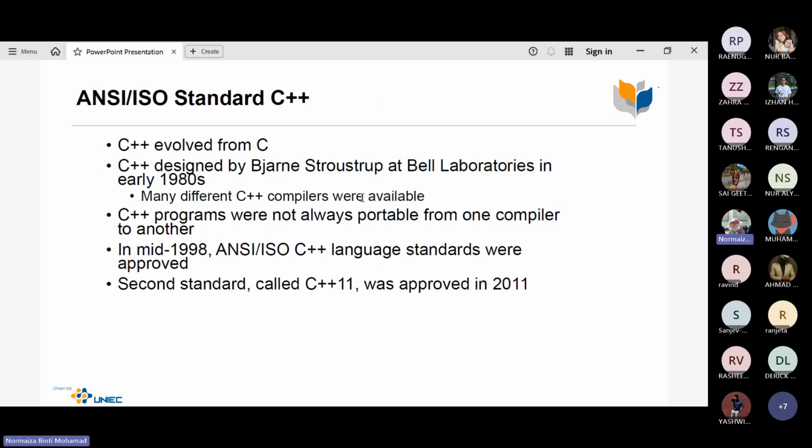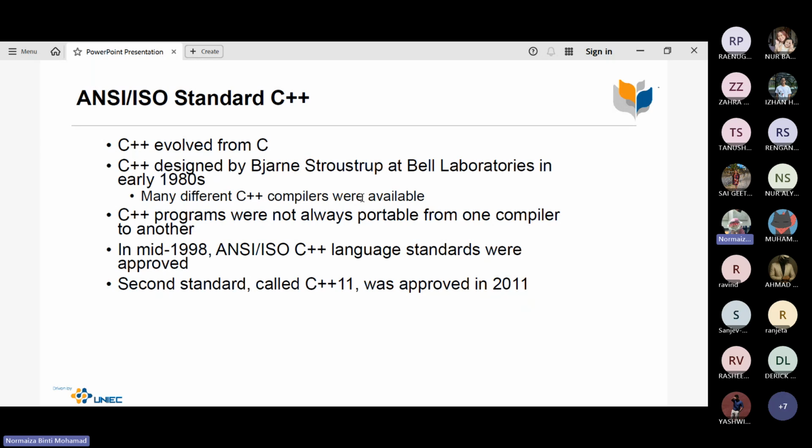So remember just now that in the evolution we have ANSI, which is a standard version of C. ANSI or ISO standard C++ is the latest one. It basically evolved from C. C++ was designed by this guy at Bell Lab in the early 1980s.